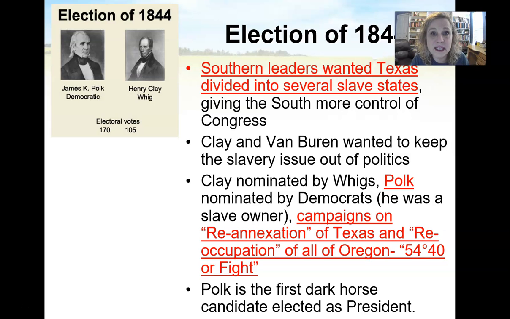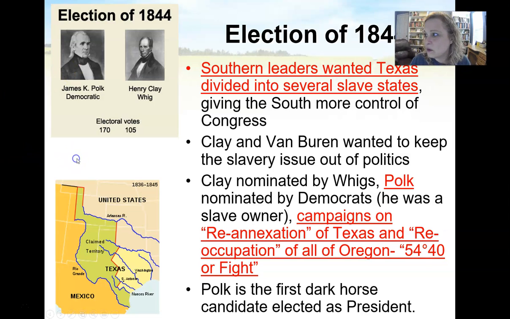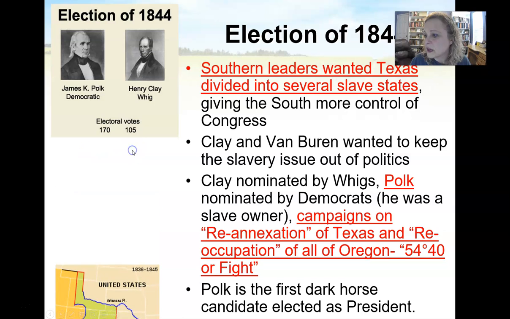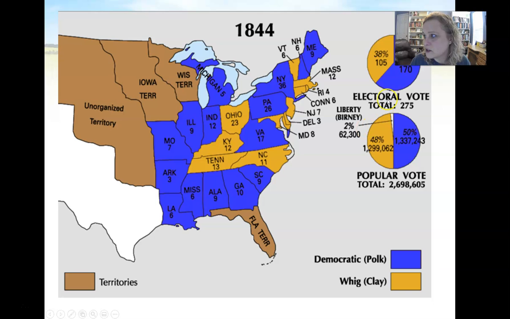In the North, there's a dispute between us, Great Britain, and even Russia over claims in the Oregon Territory, and he campaigns on 54-40 or fight, saying he's going to take that latitude line at 54-40. Polk wins the election pretty heartily.